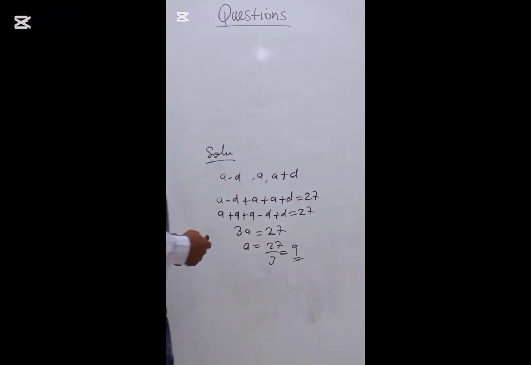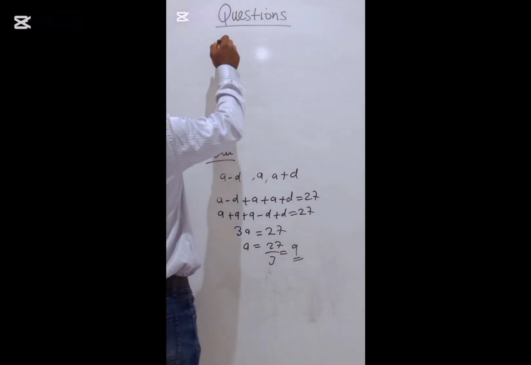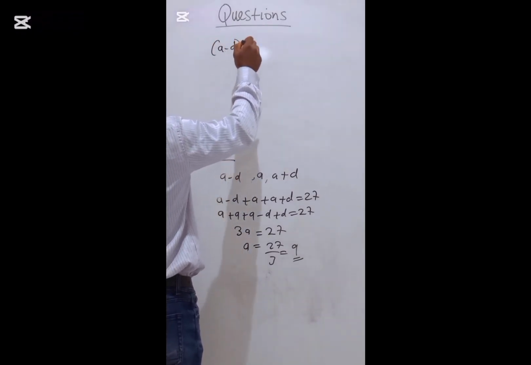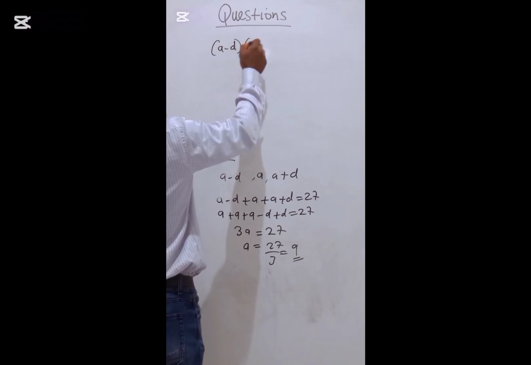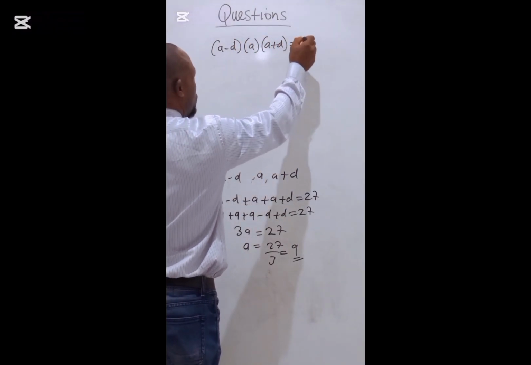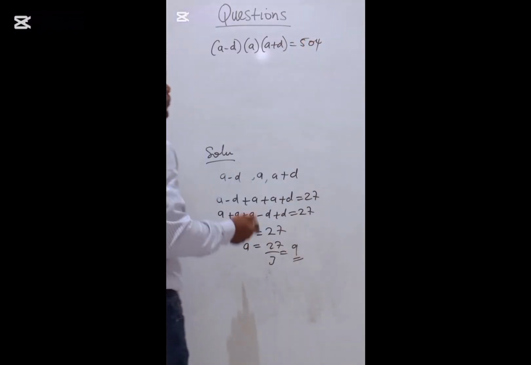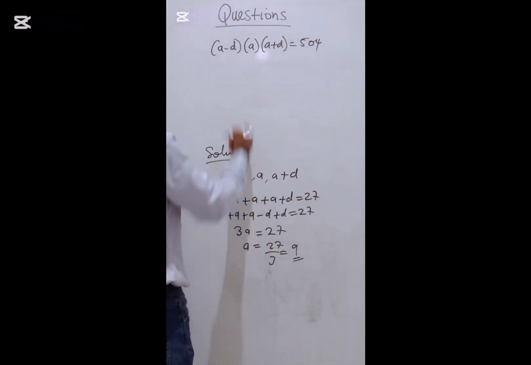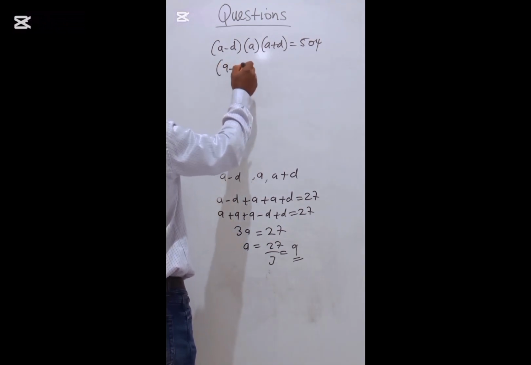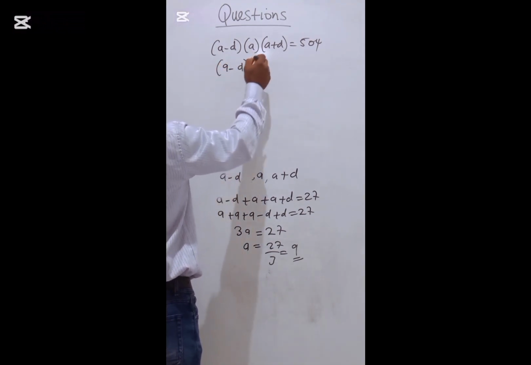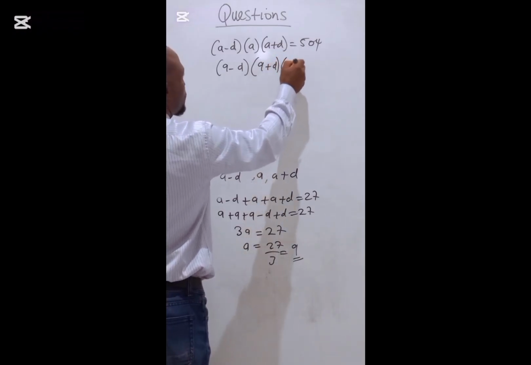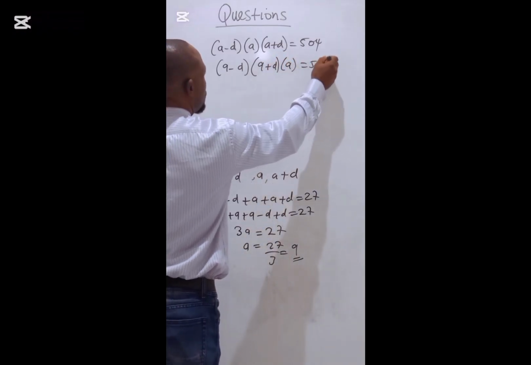The question also says that the product of the 3 consecutive terms, A minus D multiplied by A plus D multiplied by A, is equal to 504. So if the middle term is 9, this means that 9 minus D multiplied by 9 plus D multiplied by 9 is equal to 504.